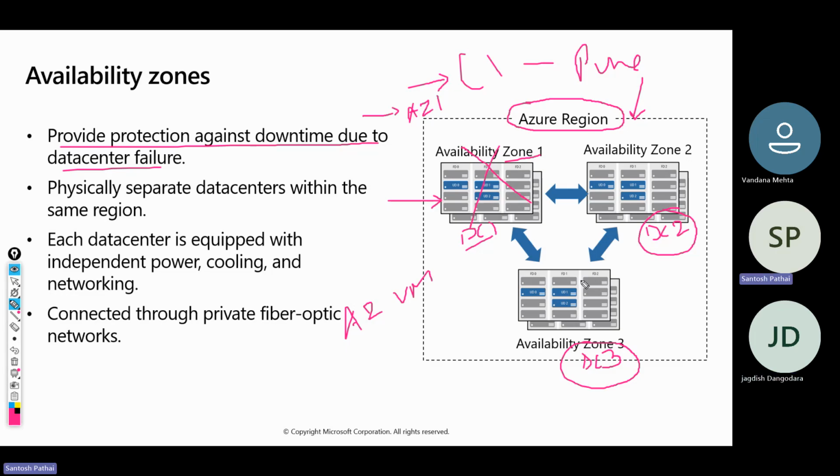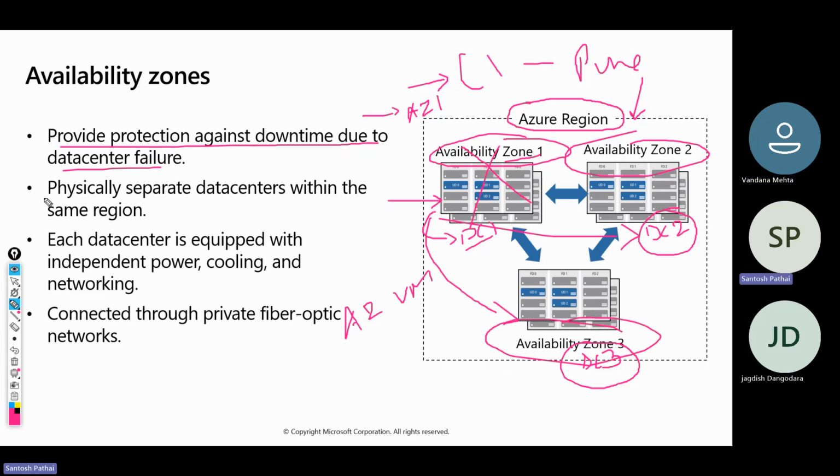The region will show Central India, but users will not be told which data center is their availability zone one. It will be randomized for each user. In the background, Azure takes care of which data center to place it in, but users will know only this name.